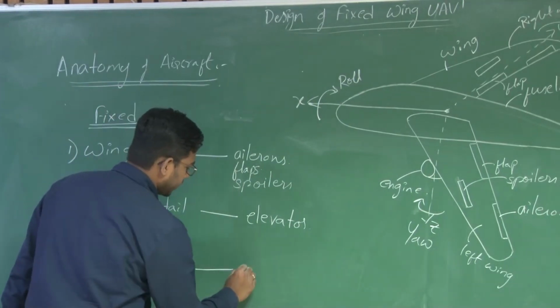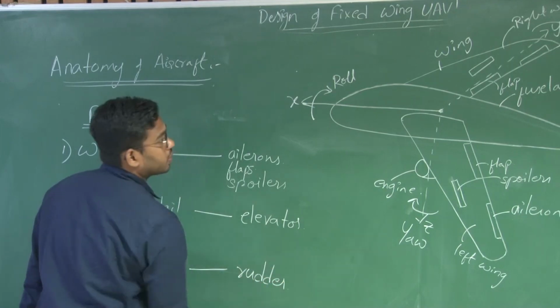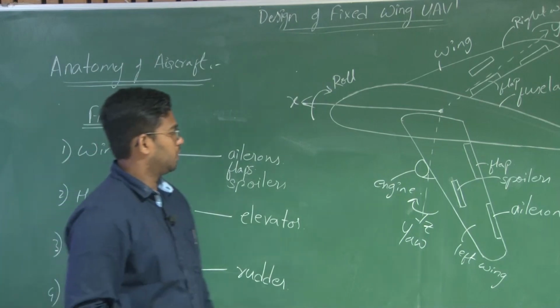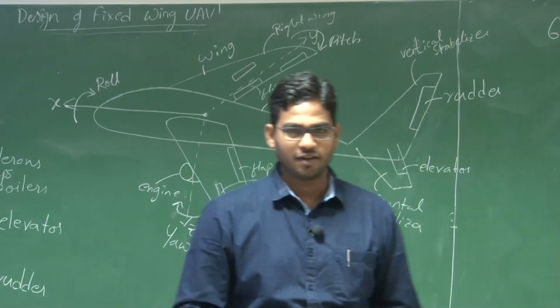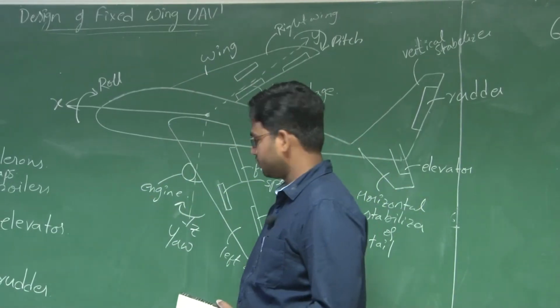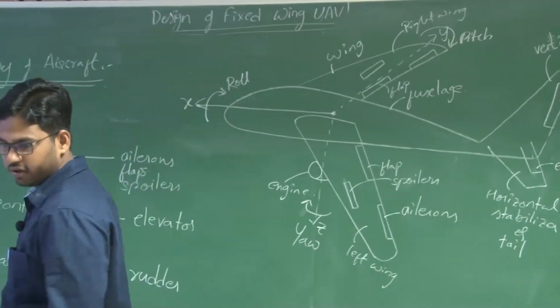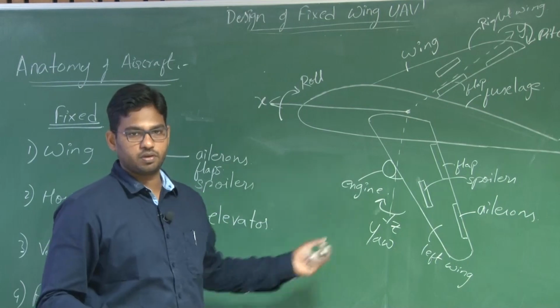And you have vertical tail chord, and the corresponding control surface is known as rudder, right? So how to control the speed? One control that we have is by varying the thrust, right? So thrust is often considered as a control input.